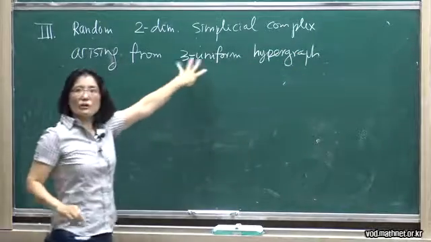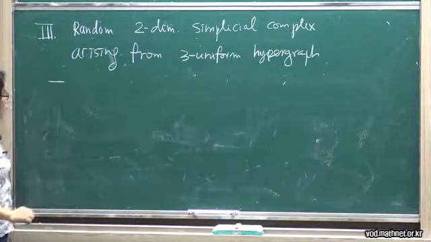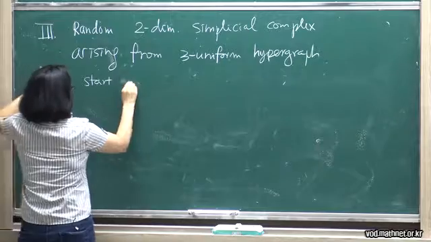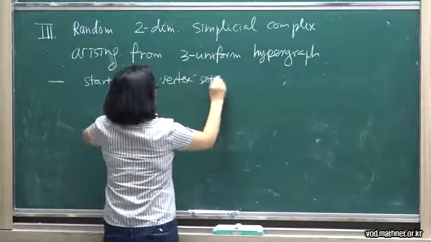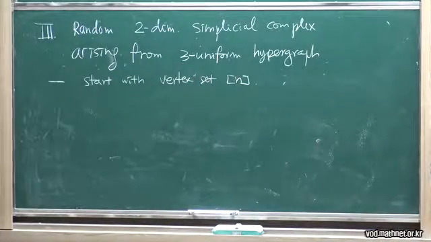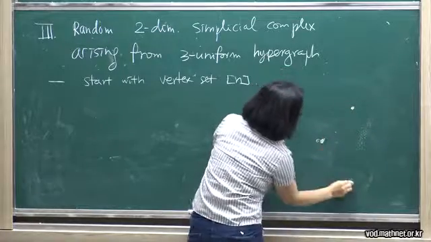First, we construct a three uniform hypergraph. What do I mean by that? We start with n vertices. As it says, a simplicial complex should contain singletons. I have 4 vertices as a running example.